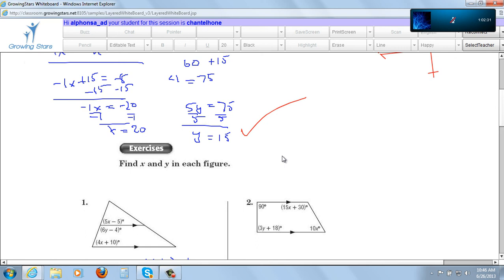Subtracting 66 on both sides. Okay, now save screen.